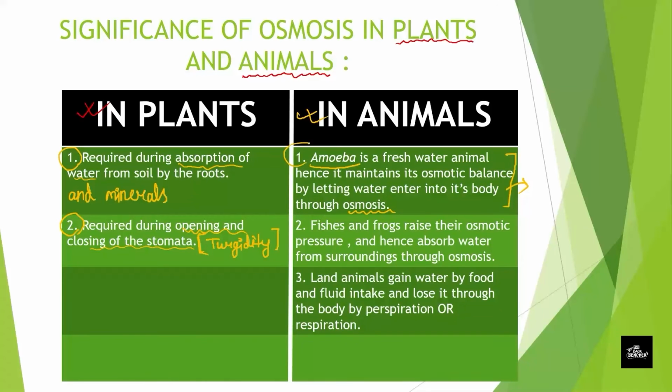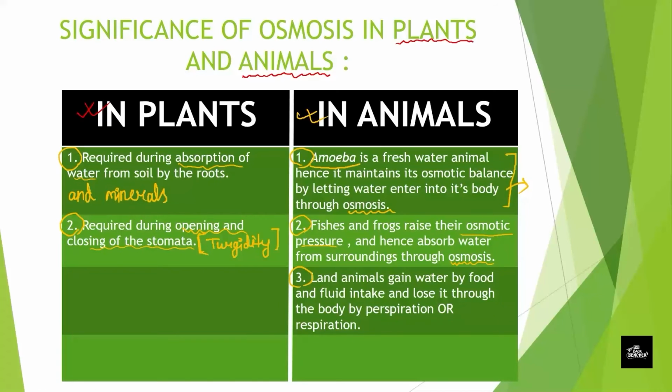The second point is about fishes and frogs. Fishes and frogs raise their osmotic pressure and hence absorb water from their surroundings through osmosis. If osmotic pressure is increased, then more force will be applied on the water molecules, and hence water will be absorbed. The third important point involves human beings.